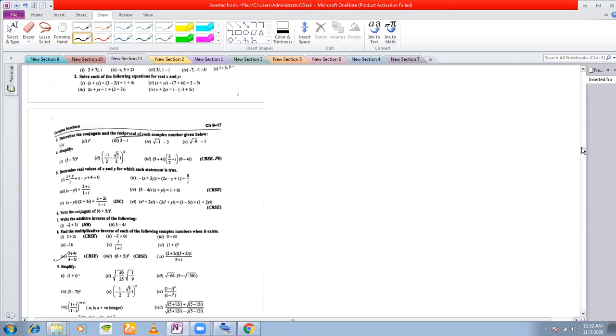The question here is, let us do one problem from here. Okay, this one, say 3, 4. Find the conjugate and reciprocal of the complex number. So what I write is, let z is equal to root minus 1 minus 3. You need to find out the conjugate and the reciprocal.